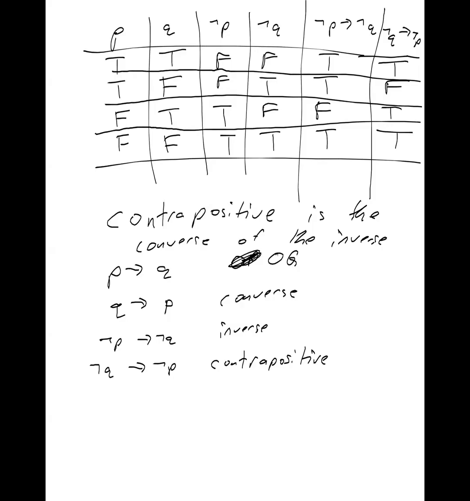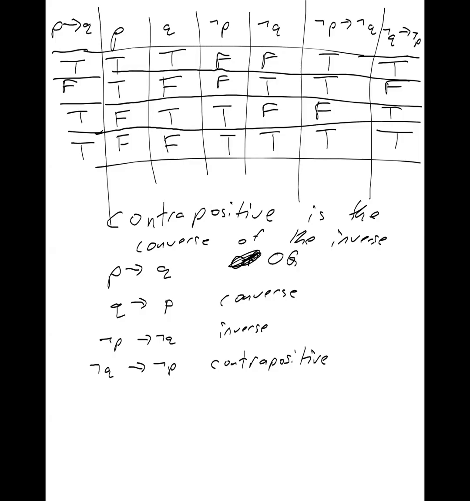Now, who remembers the diagram from several minutes ago? What was the diagram for the very original statement P implies Q? It was the same. It was true, and then false, and then true, and then true, right? You're right.